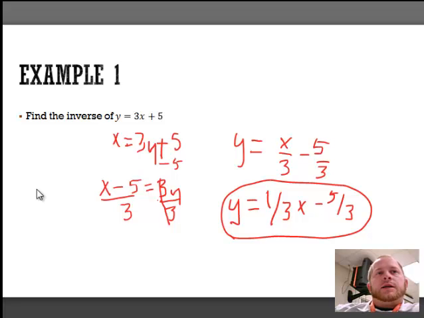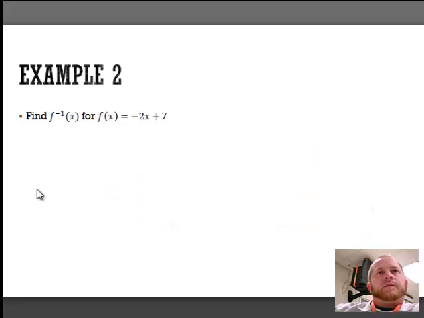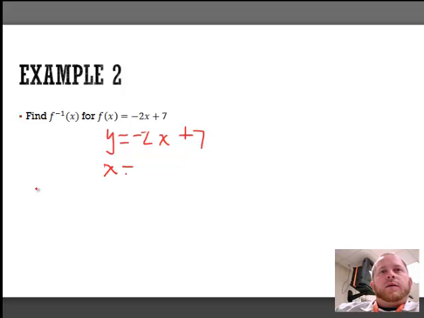Okay, let's look at the next example real quick. Like I said before, if you see the f of x, you know that is the same as saying y. So I'm going to go ahead and substitute that in right away. So now I have it rewritten. Now I need to switch my variables, get my x over here by itself.